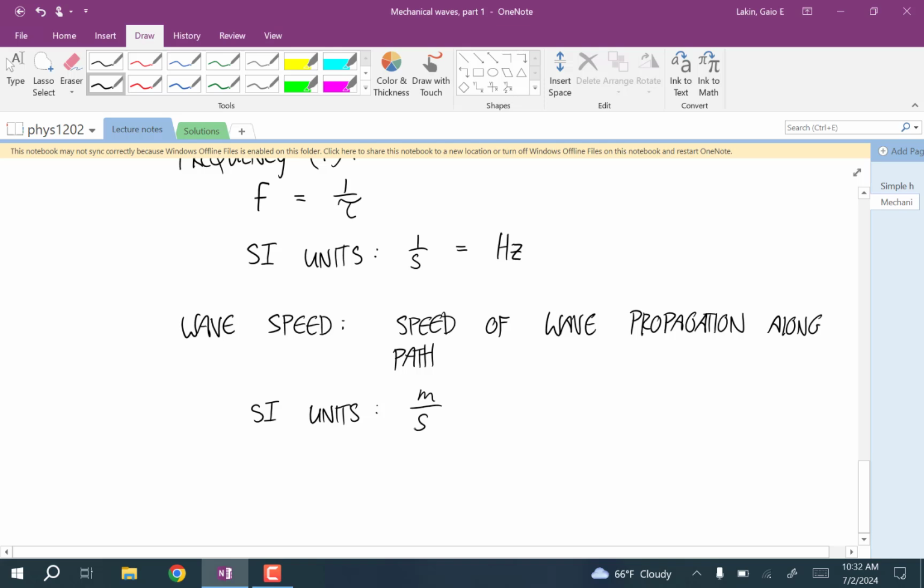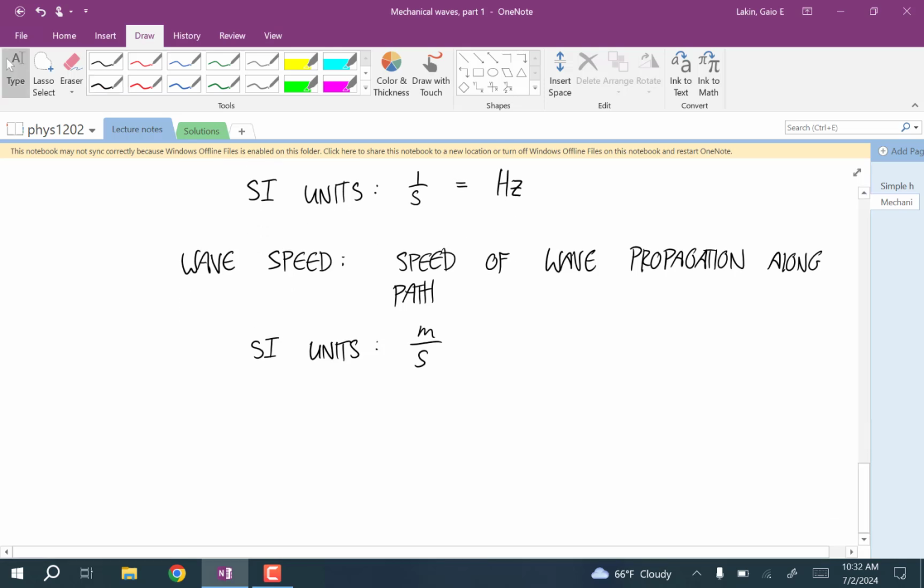And maybe the most important equation that we're going to see with this wave stuff is that these quantities, these terms are related by an equation or a pair of equations that I'm going to give you. So these are related to each other.